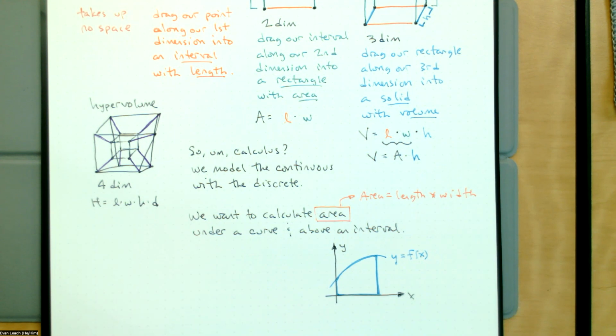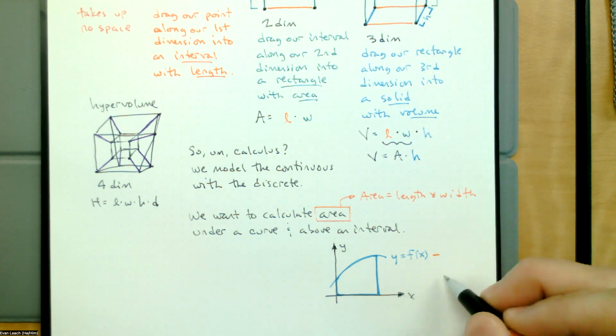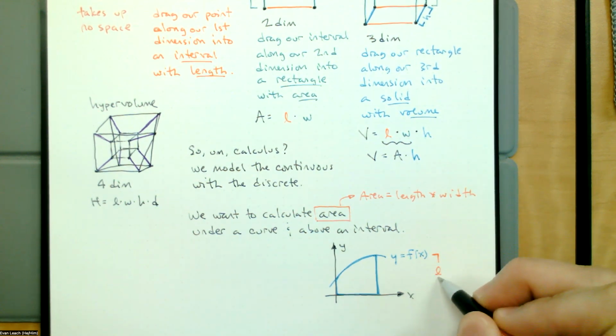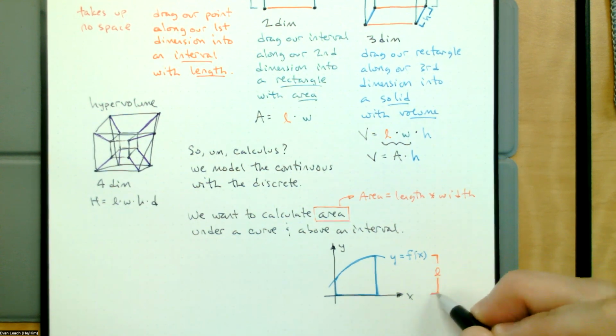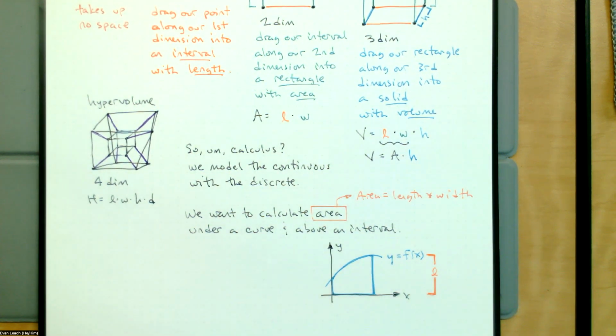The problem that we have in this area under the curve is that the length is continuously variable. That's the issue that we have. So I want to say, here's my length. But when I go to grab the value for length, I'm like, oh, well, it's continuously changing.